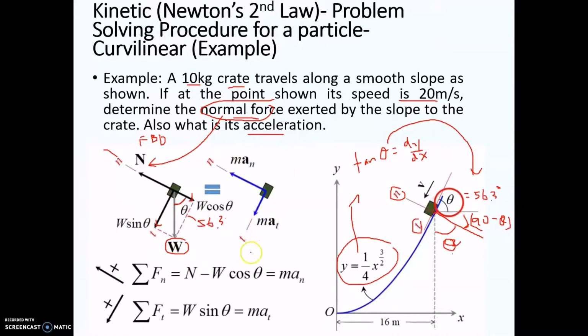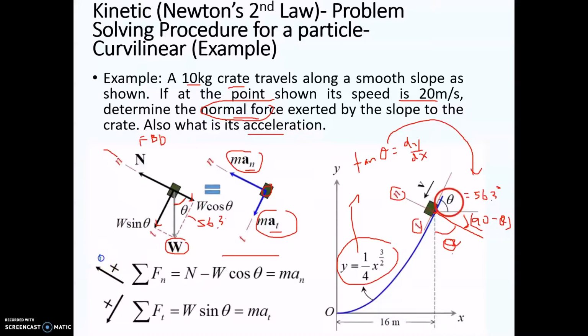For the kinetic diagram on the right hand side, this object is experiencing normal acceleration and tangential acceleration. Therefore, we have the kinetic force corresponding to it in these two directions.